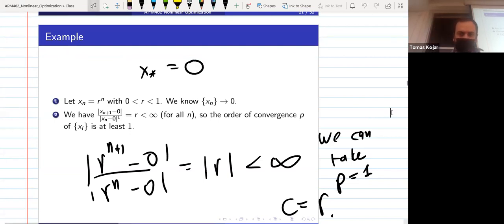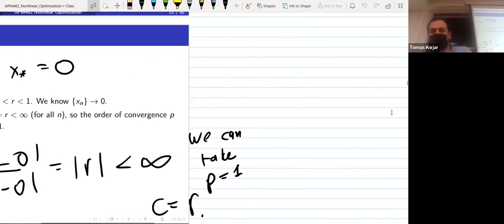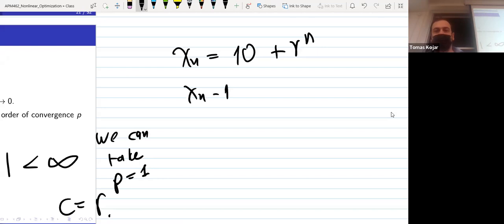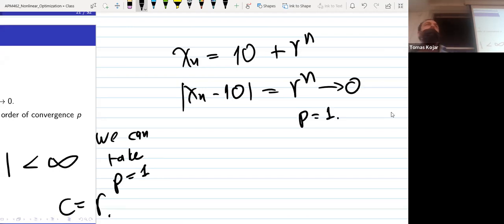I should do one more complicated question. Take xn to be whatever you like, I don't know, 10 plus r^n. Then same thing: xn minus 10 will be r^n. So that would be the order of convergence. Is that okay? It's not very complicated.